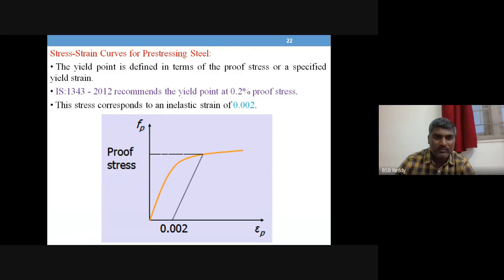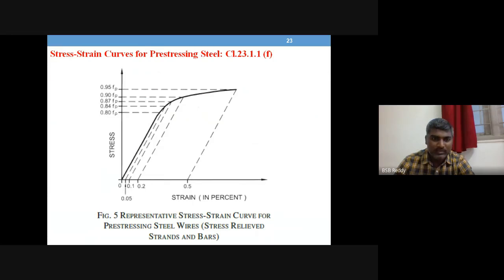And the yield point, as you know, for high strength steels we don't have a specified yield point, so we take 0.2% proof stress as yield stress, right? And this is the curve that is being used for all stress strain related values for pre-stressing steel.